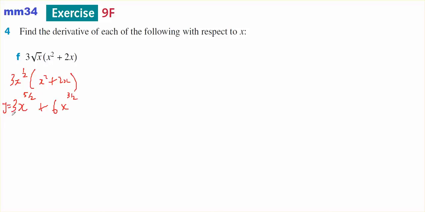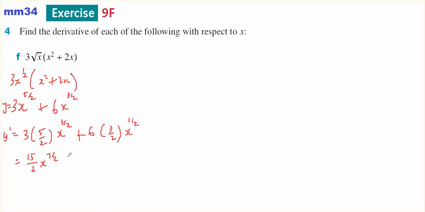And if I call that y equals, then y dash will be 3 times 5 on 2 times x to the 5 on 2 minus 1, or 3 on 2, plus 6 times 3 on 2 times x to the 3 on 2 minus 1, which is a half. And that will leave me with 15 on 2, x to the 3 on 2, plus 2 goes into 6, 3 times 3 is 9, x to the half.